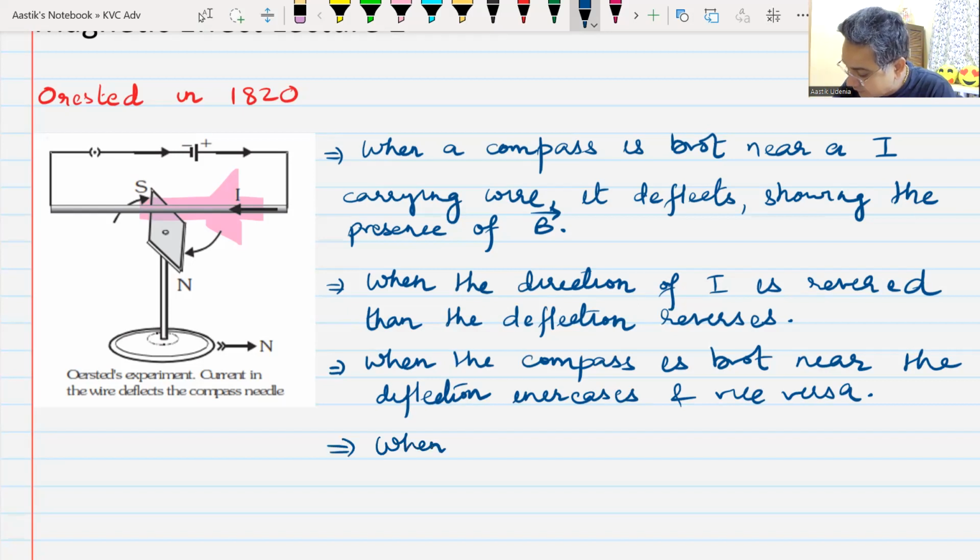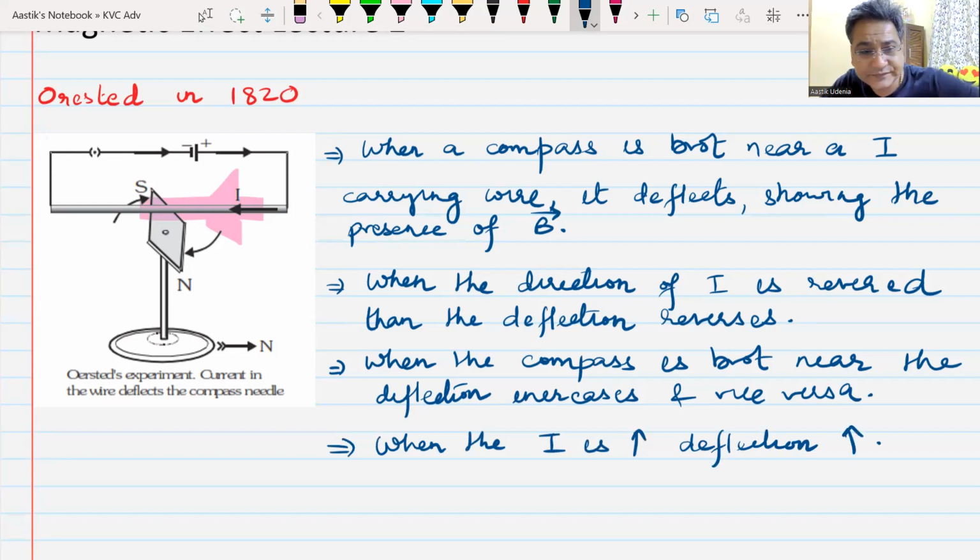When the current in the wire was increased, the deflection in the compass increases. This also tells us that the field that this current carrying wire produces is directly proportional to the current. If the current is increased, the deflection increases. This is known as the Oersted experiment.